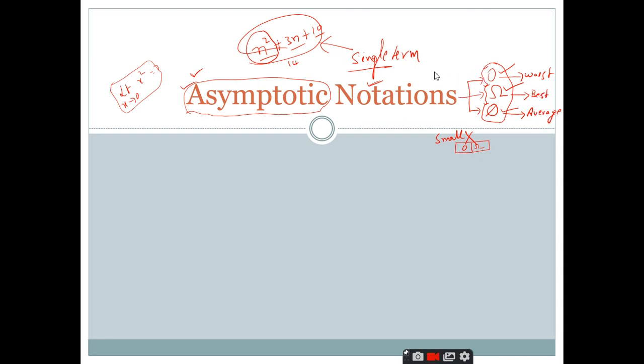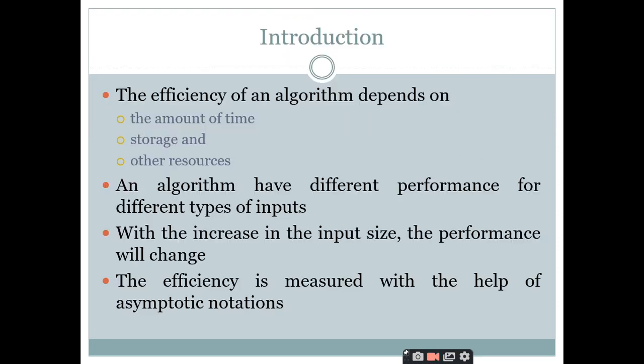Is it clear up to this point? Yes, sir. Right, this point we know. So coming to the introduction part of the asymptotic notation, the efficiency of the algorithm depends upon the amount of time, which is nothing but the time complexity, and it also depends on the storage, which is nothing but the space complexity, and some other resources.